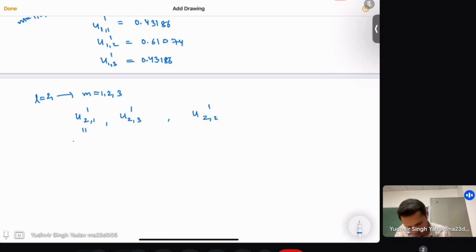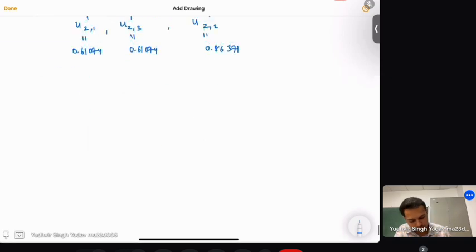The values are 0.61074, 0.61074, and for this term, the solution is 0.86371.